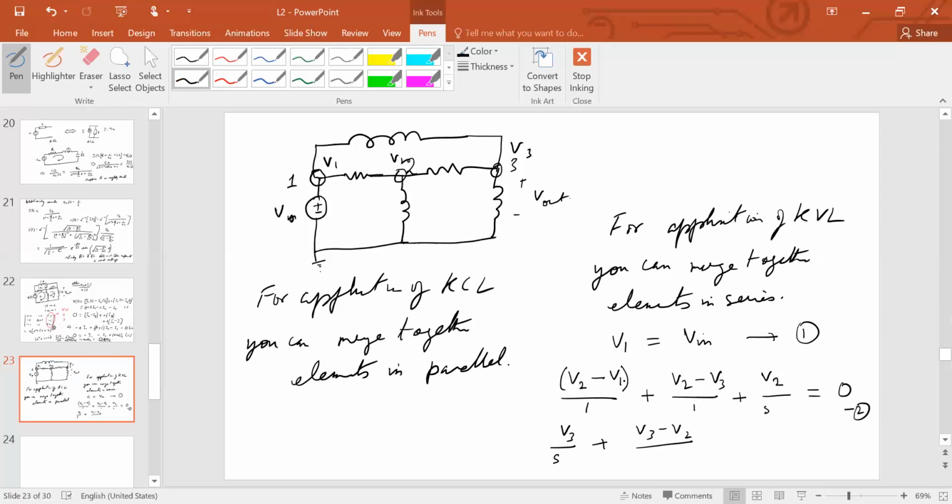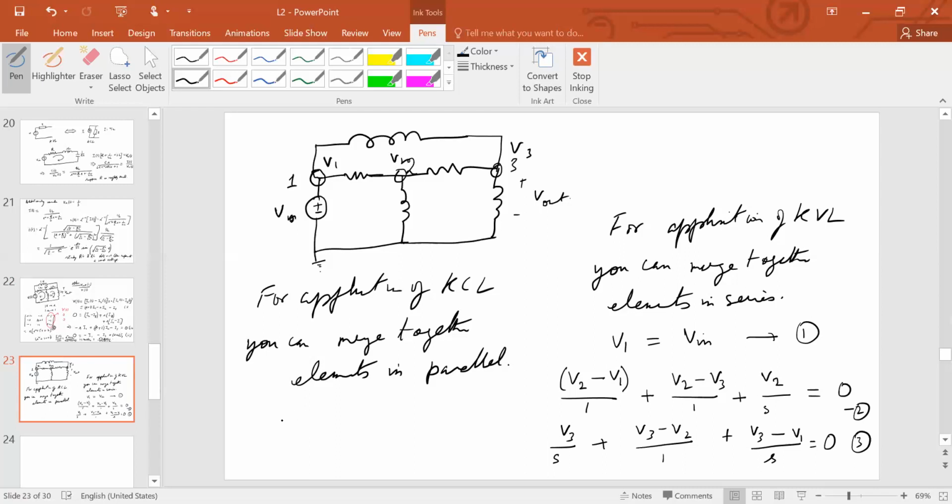Again, I'm dropping the Ss here. These are all in Laplace domain. V3 minus V2 upon 1 plus V3 minus V1 upon S is equal to 0. Again, you will begin to see some pattern here. So what is the pattern here?